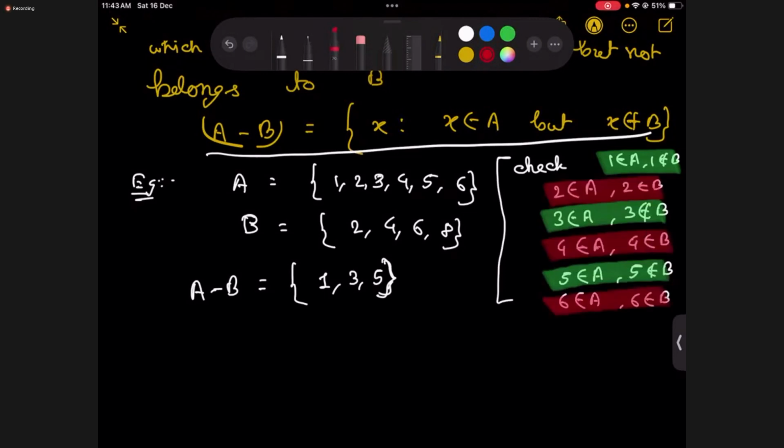Okay, so by this process we are getting A minus B.